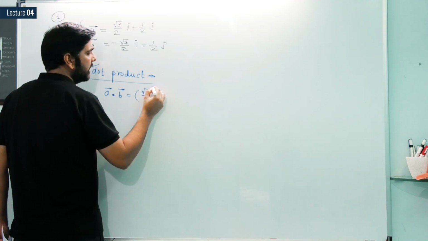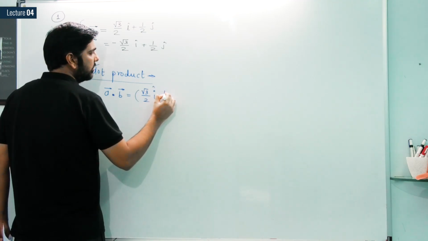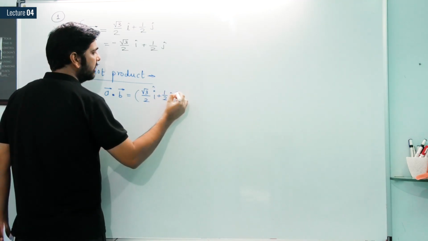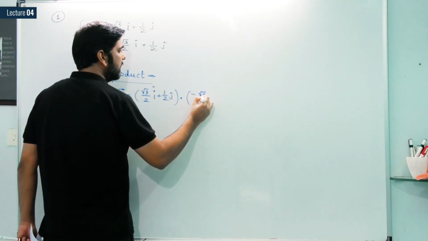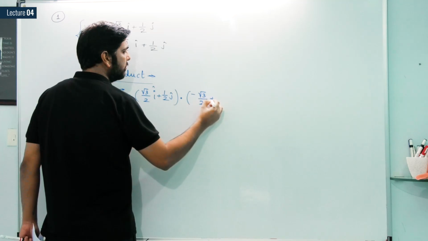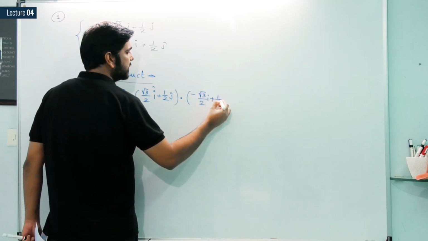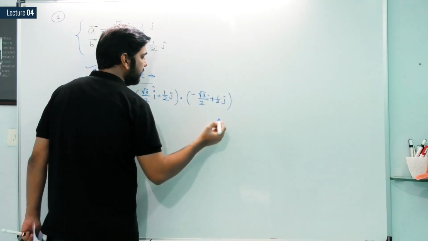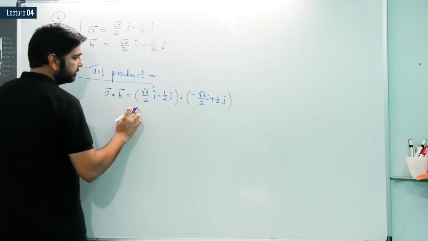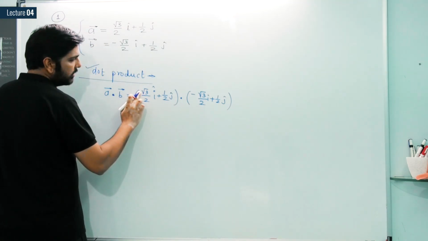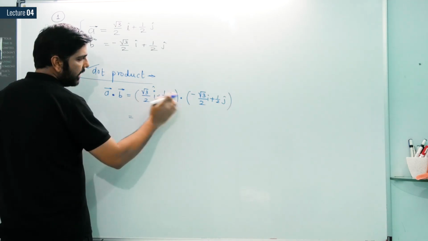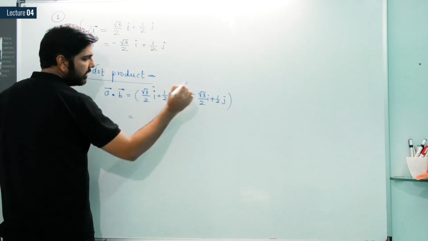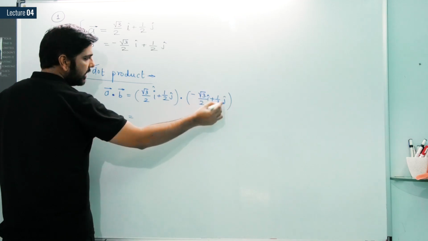I am just multiplying. So this is our A dot B, where B is minus root 3 by 2 i cap plus half j cap. Fine, so let us multiply. i and i is nothing but 1.